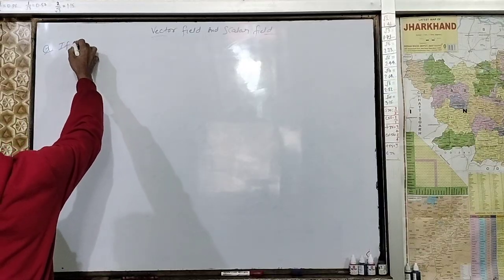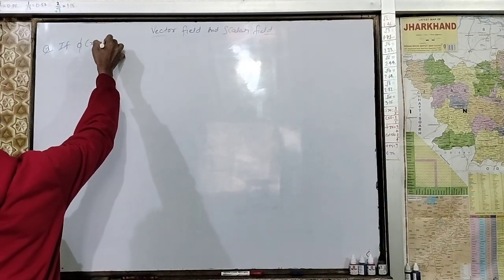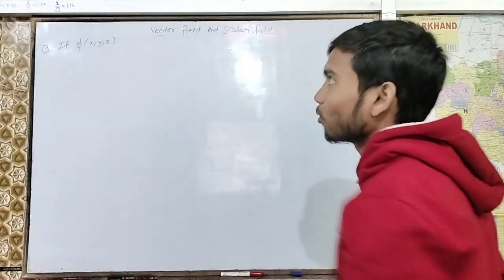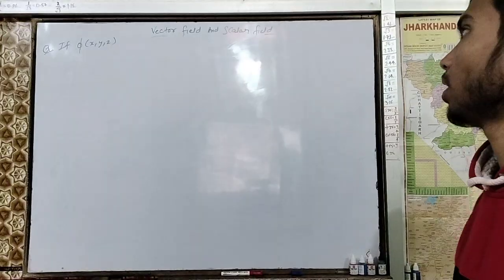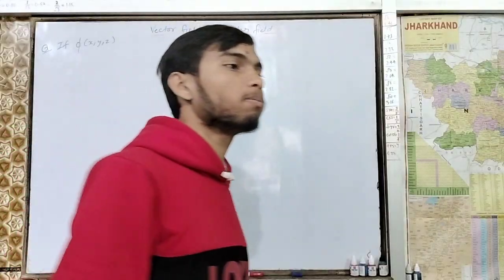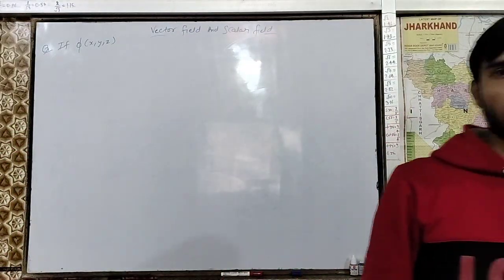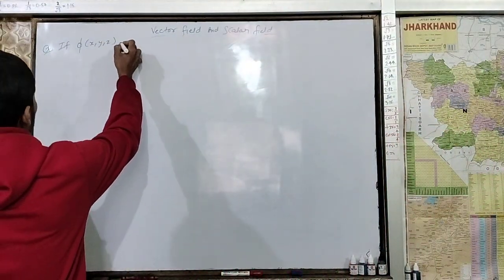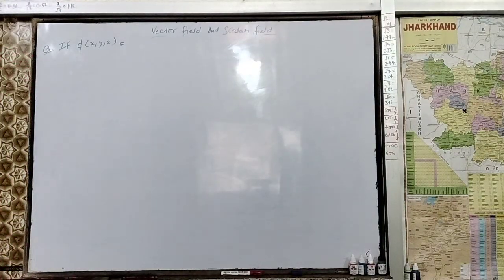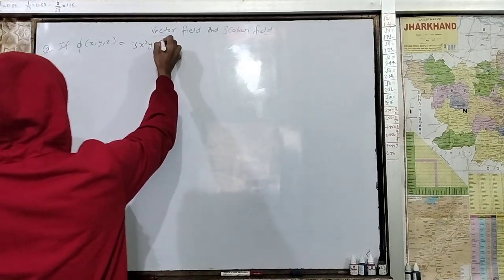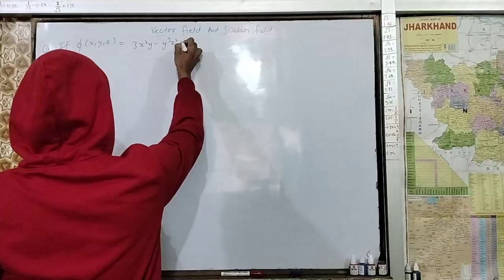If phi of x comma y comma z, can you tell me what it is? x y z is a space of scalar quantities, so phi is nothing but a scalar point function, which is given as 3x square y minus y raised to power 3 z square.